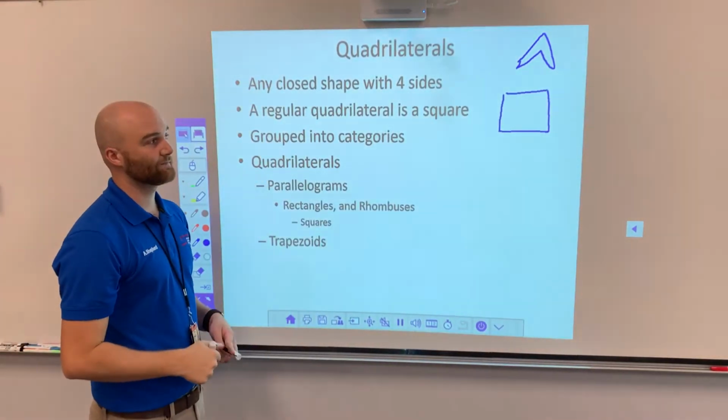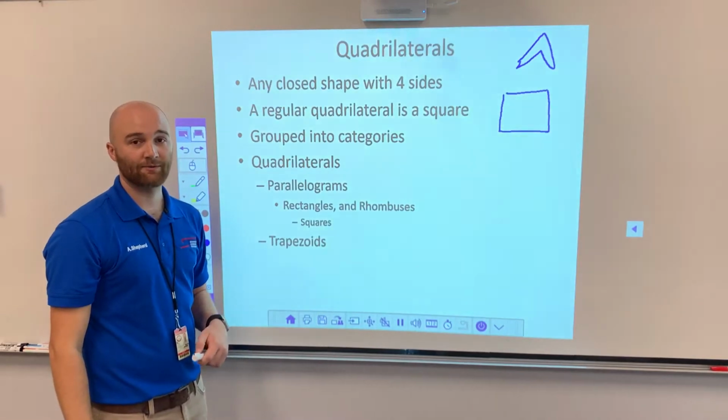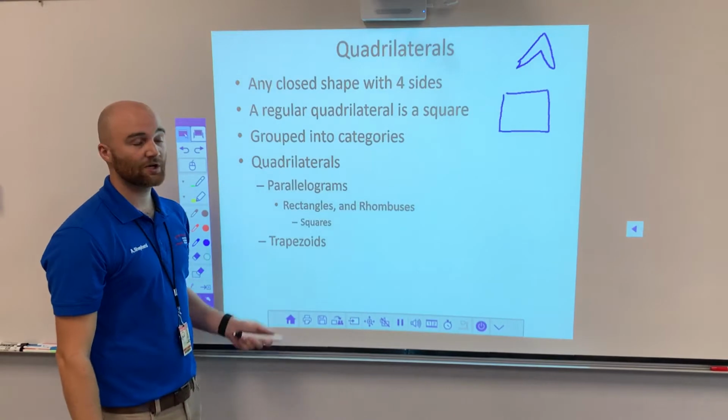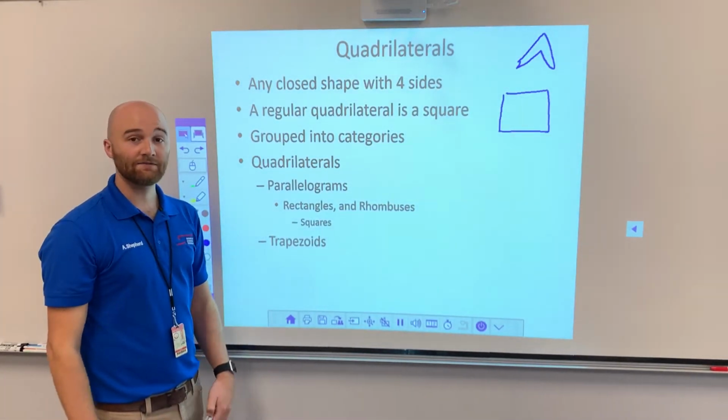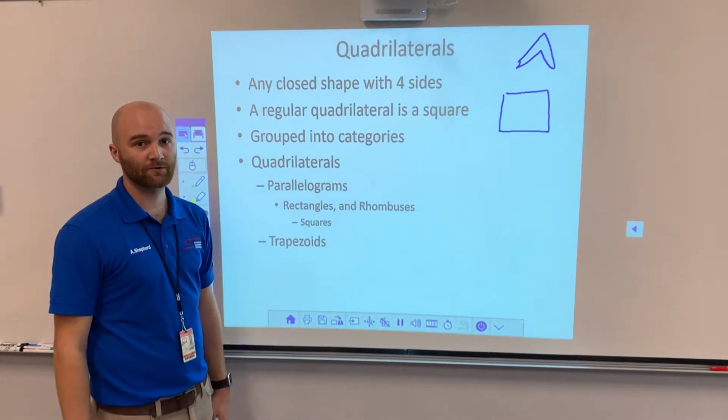There's a square. In order to talk about all the quadrilaterals that we have, because there are so many types, we give them special names on the inside. Instead of just saying quadrilaterals in general, sometimes we want to talk about a special type of quadrilateral.